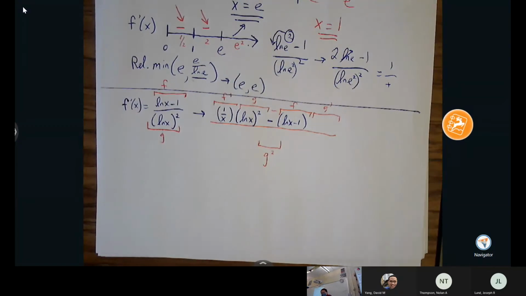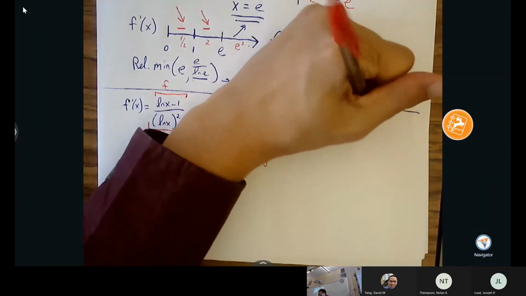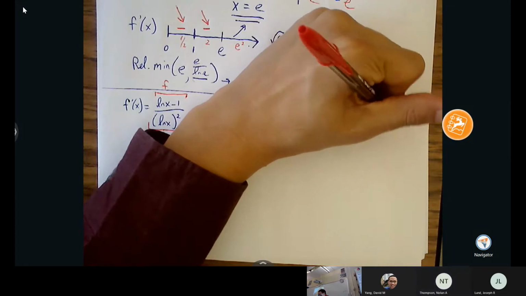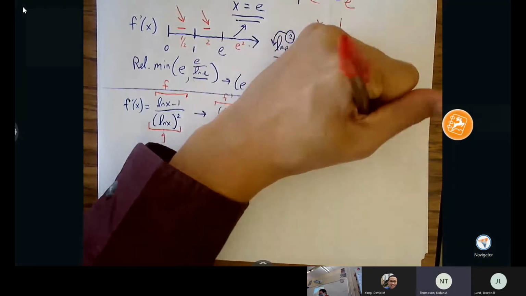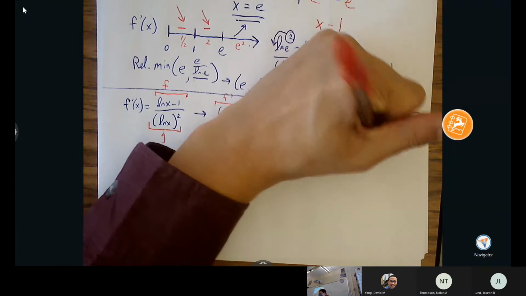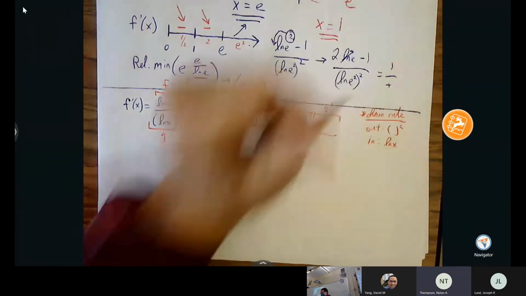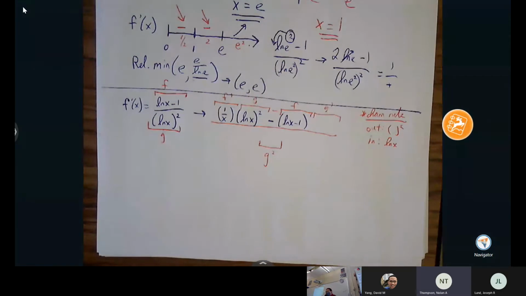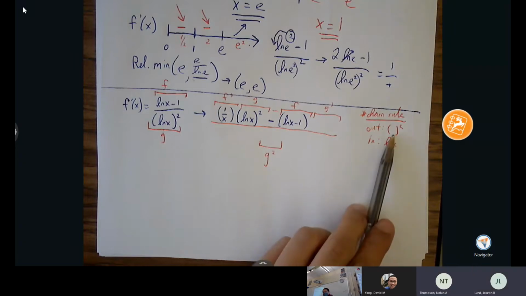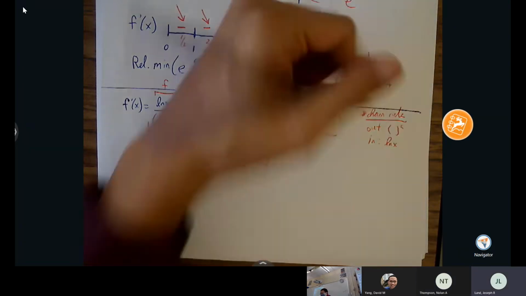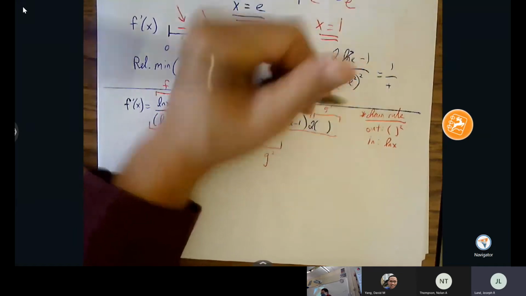Now G prime, you see how we have a parentheses with exponent outside? We got to do chain rule here. So there's an outside portion and there's an inside portion. What's outside's derivative? Would you just move 2 down to the front, and since the exponent's 1, would you not have to put it around the parentheses?